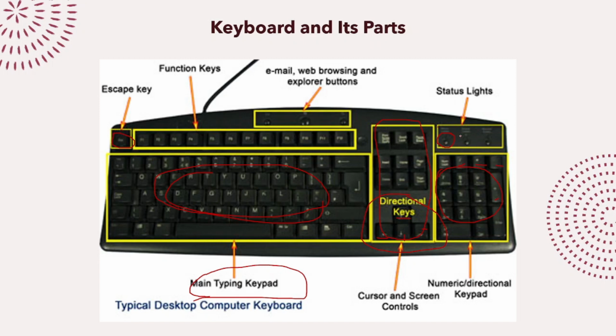So this light naman here refers siya if you were going to lock a caps lock or capital letter. So dito, when you press this caps lock, automatically this one here will light.